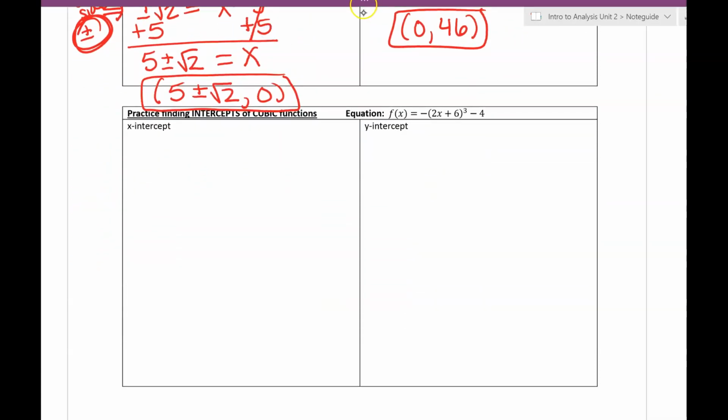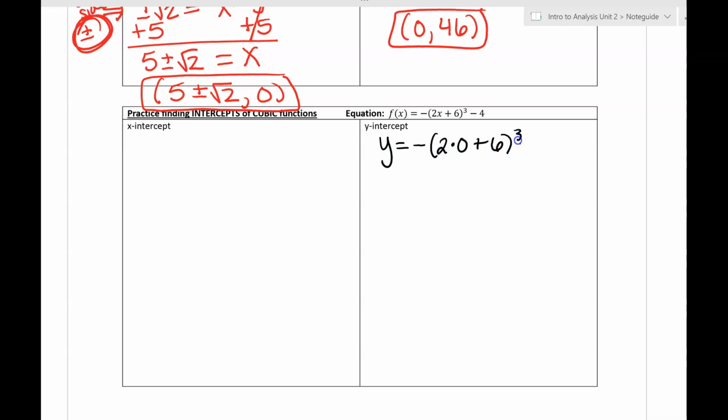All right, we did these two types of functions together because they're really similar. So again, for my y-intercept, I'm going to plug 0 in for x. And again, I just have to follow order of operations. So inside the parentheses, 2 times 0 is 0, plus 6 is 6. 6 cubed is 216.